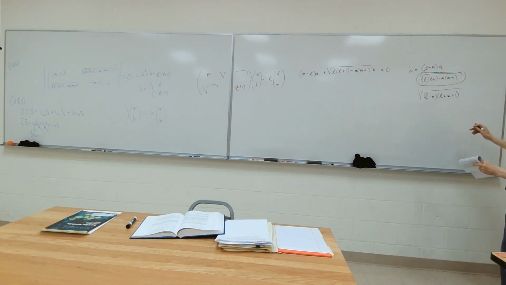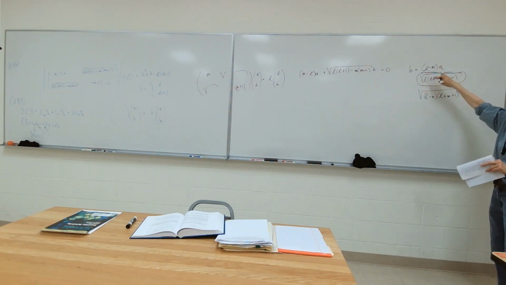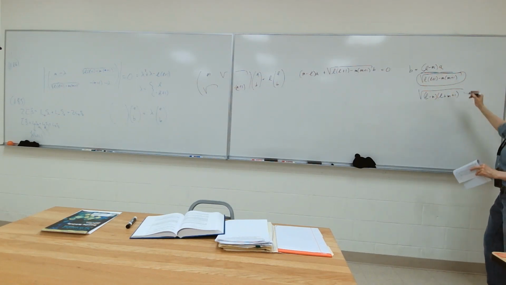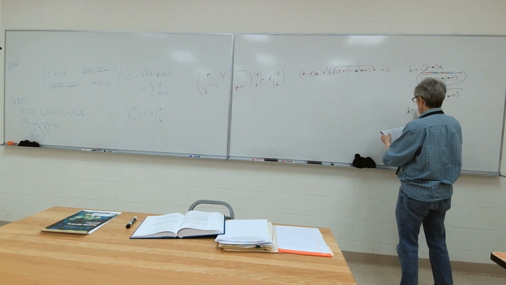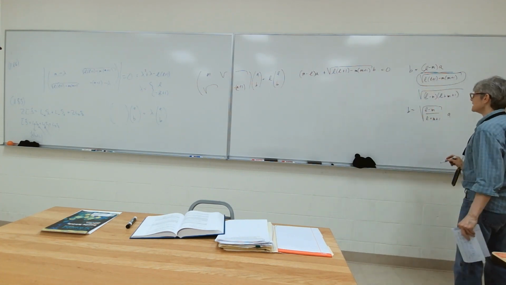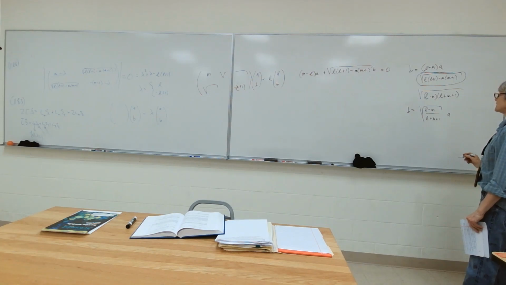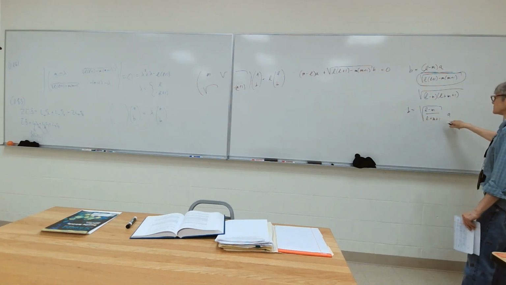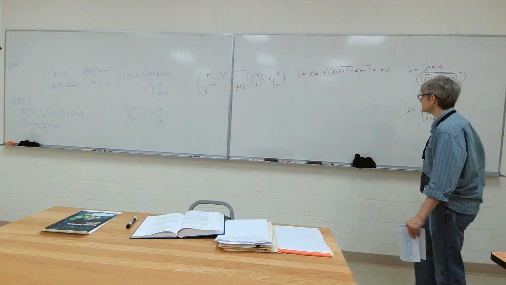And why is that nice? That means that I can cancel out one factor of L minus M. So B equals square root of L minus M over L plus M plus 1, times A. If this is B in terms of A, now I can apply normalization.